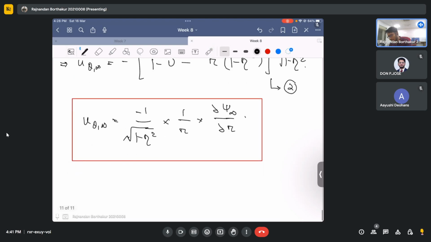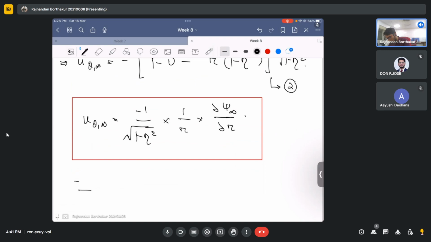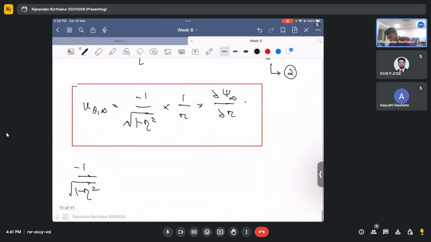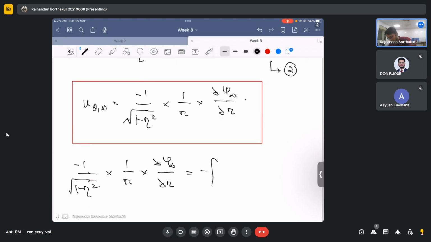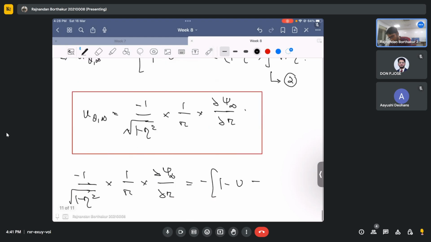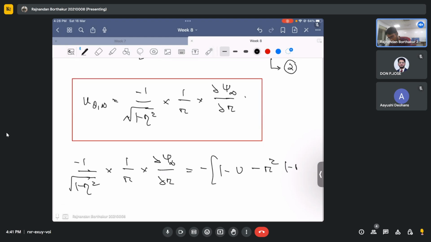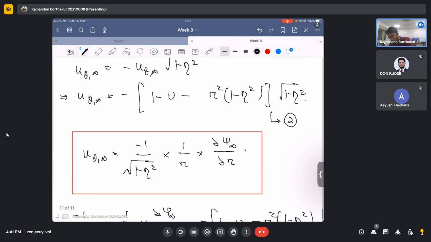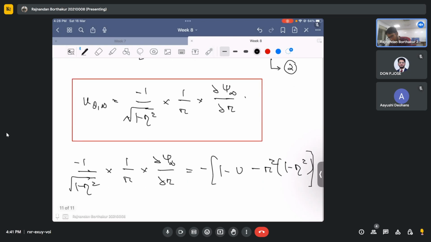So if I just substitute it in 2, we'll get minus 1 by square root of 1 minus eta squared times 1 by r into del psi infinity by del r, and this would be minus 1 minus u times r squared into 1 minus eta squared, multiplied by square root of 1 minus eta squared.